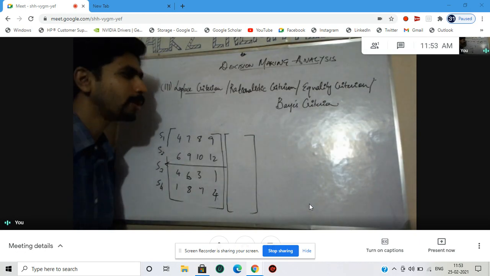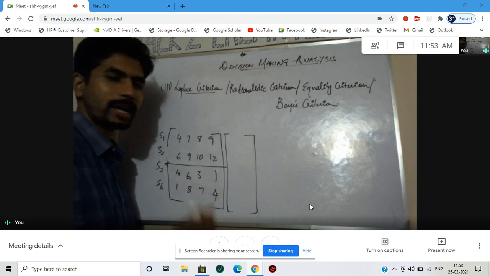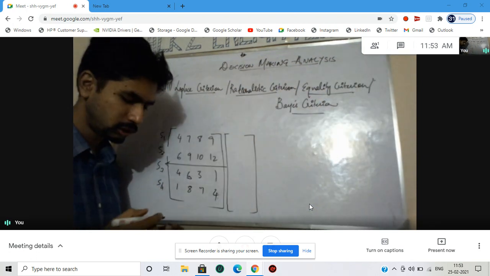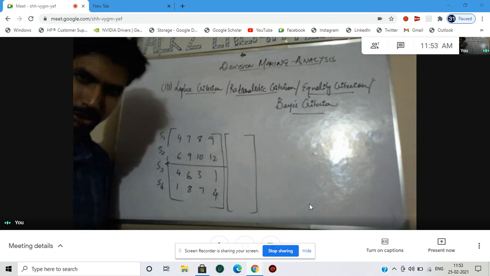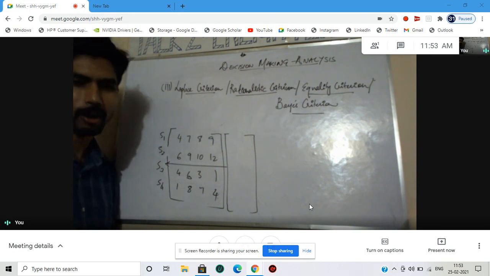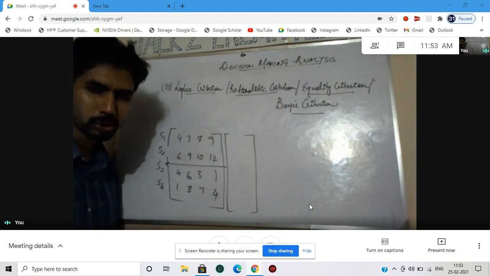I'll be teaching probability later on. As of now, you can just remember that this particular technique has these many names. So if they ask you according to Bayes criterion, it simply means that the Laplace criterion has to be adopted. This is the most common term, and it is known by other names also.